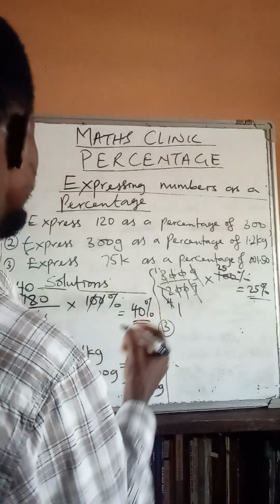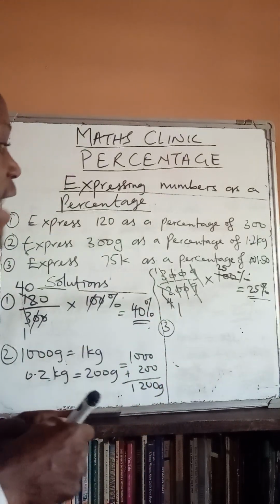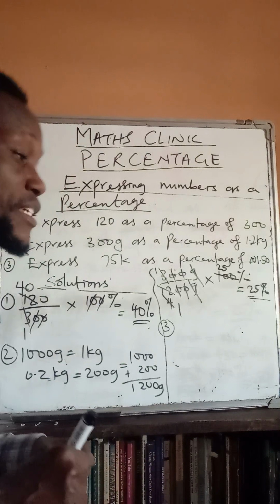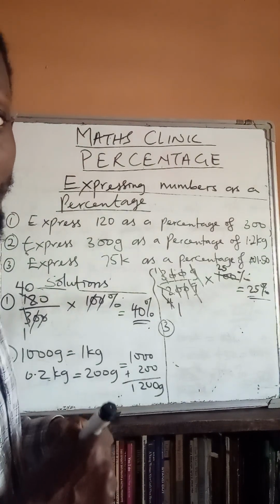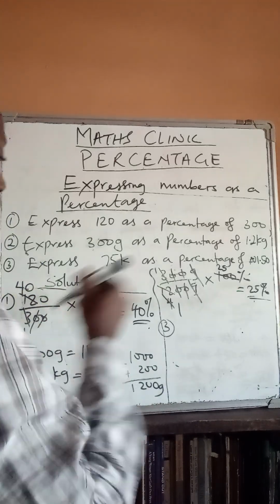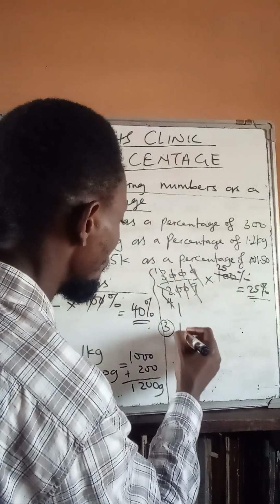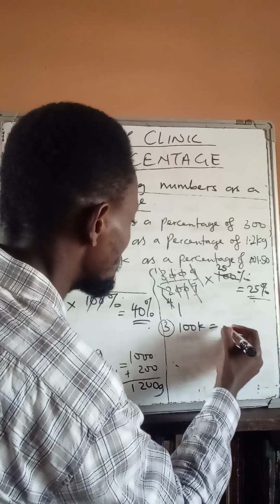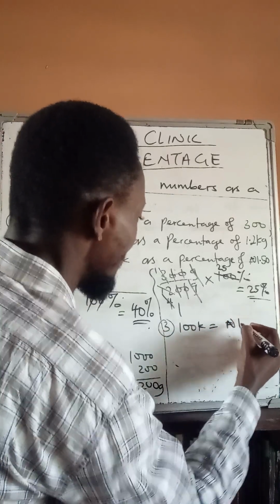And number 3, express 75 kobo as a percentage of 1 naira 50 kobo. Now 100 kobo is equal to 1 naira.